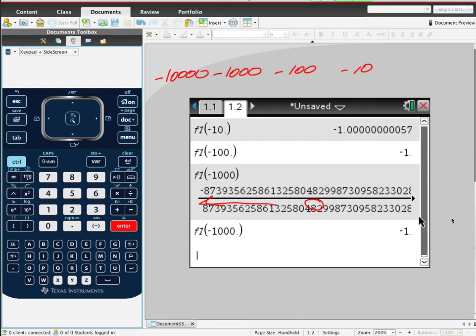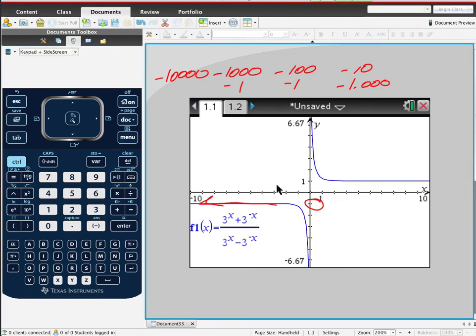So, does it verify? Yes, because we've got negative 1.000, then it just gives me negative 1, negative 1. So that verifies my limit as I go to negative infinity is negative 1. What about as I go to infinity? Positive 1. Okay. So the limits as you go to negative infinity and positive infinity can be different.